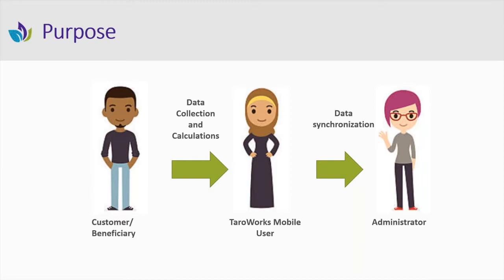And it's extremely time saving to be able to, in an offline fashion, have some things automatically calculated for you, whether they actually be mathematical calculations or maybe just running the inputs that you're collecting through a lot of business rules to get you to a conclusion. One example of which would be qualifying someone for maybe a program or a benefit. It just makes the TaroWorks mobile user's life easier to get their job done.